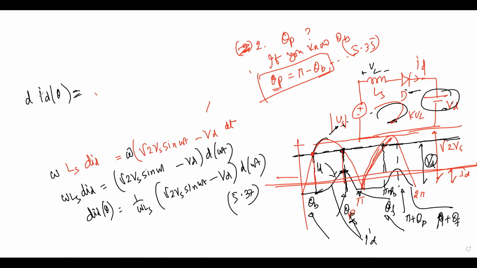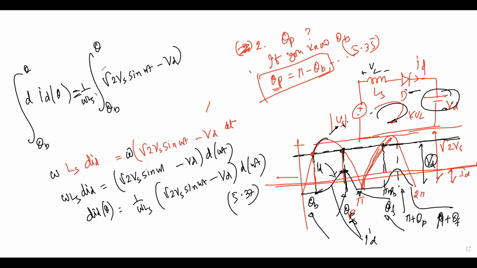Okay, let us put it this way: integrate from theta b to theta, 1 by omega Ls, root 2 Vs sine of omega t minus Vd, d of omega t. Then what is the current at theta b?